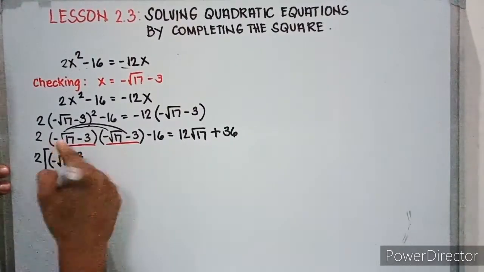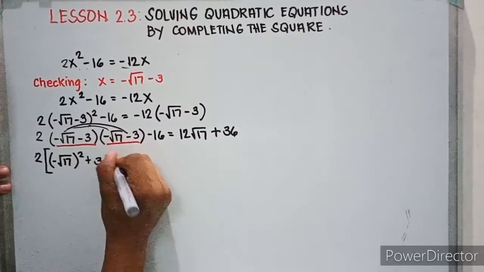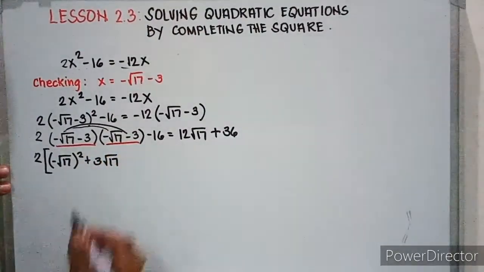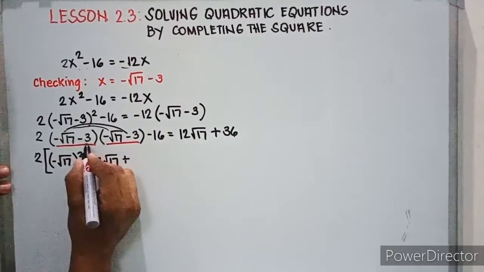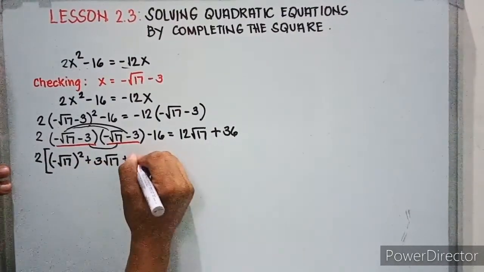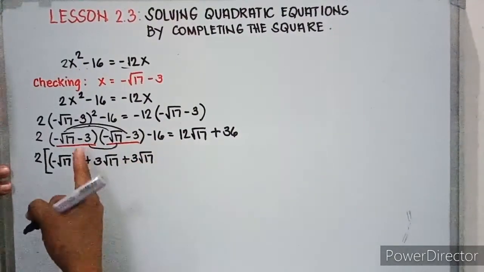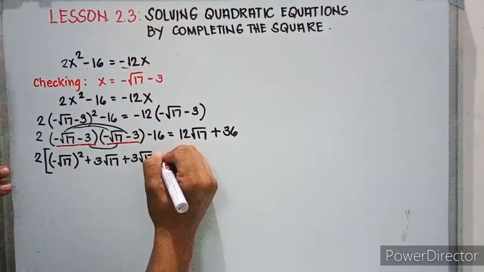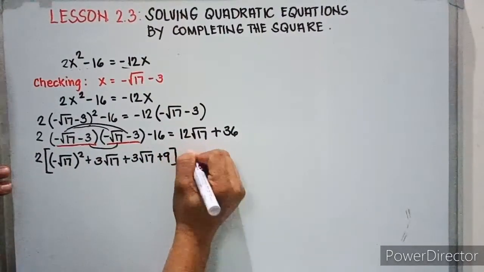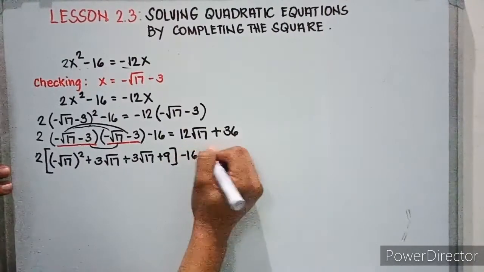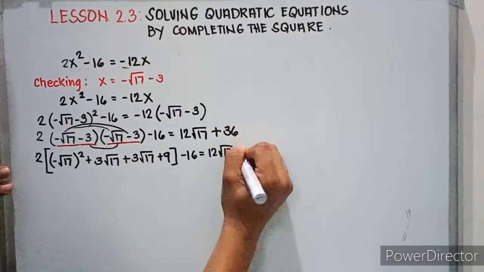So that is negative times negative, positive 3 square root of 17. Then next, negative times negative, that is positive. Then 3 times square root of 17, that is 3 square root of 17. Then negative 3 times negative 3, that is positive 9. Okay. Minus 16 equals 12 square root of 17 plus 36.